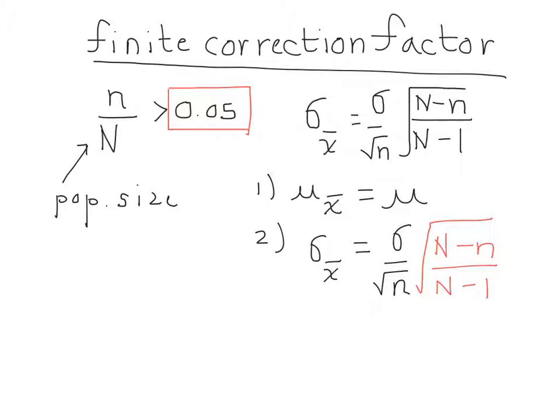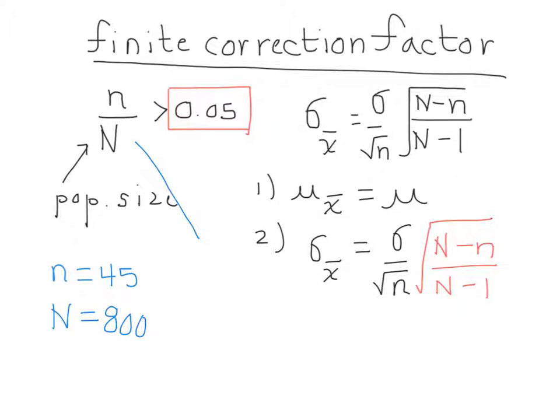So let's demonstrate. Let's say that we take a sample of 45 from a population whose size is 800. And you want to determine first if you should use the finite correction factor.